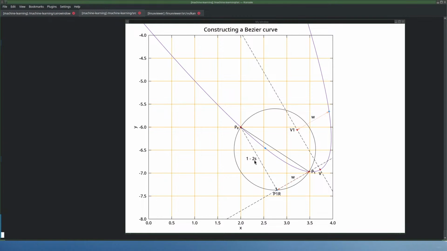Well, it's actually a signed length in units of the direction vector v, pointing this way. So it is negative because it's pointing the opposite direction of that one. I'll leave it like this, I guess.